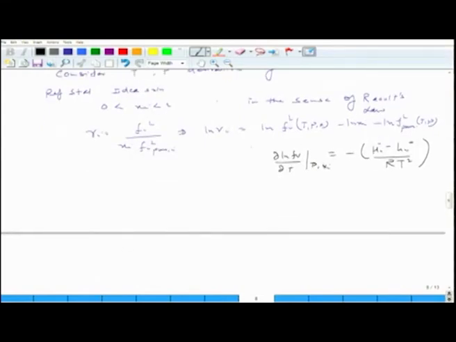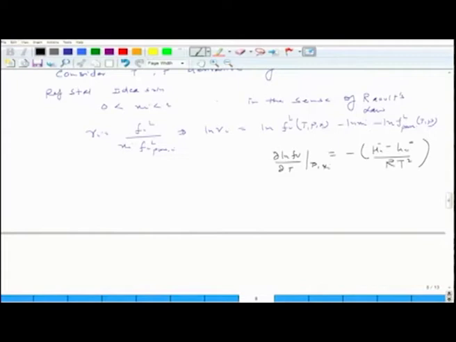You now have an expression of ln gamma_i in terms of ln f_i, so you can take the derivative of ln gamma_i with respect to temperature at constant pressure, and this is the right hand side. Given this Gibbs-Helmholtz expression, you can directly connect the logarithm to partial molar properties such as enthalpy. I will try to show this.